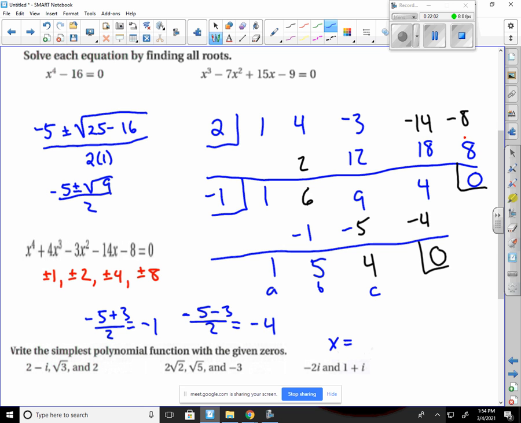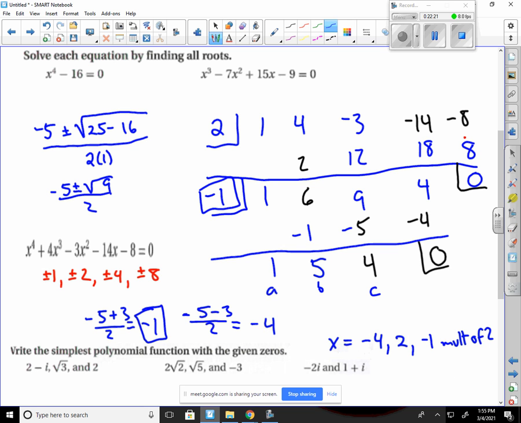So my roots are x equals -4, 2. Then this turned out to be -1, and so was that. So -1 multiplicity of 2.